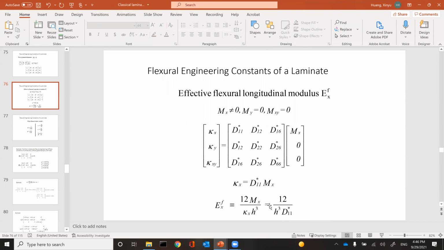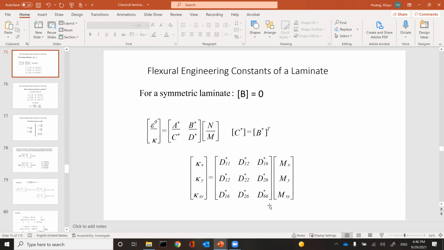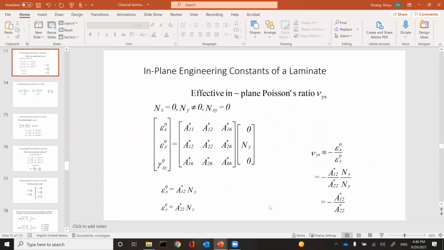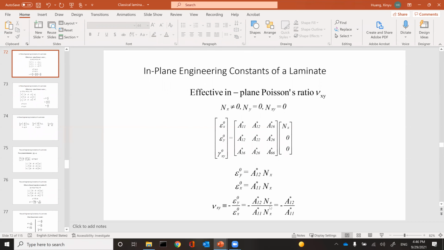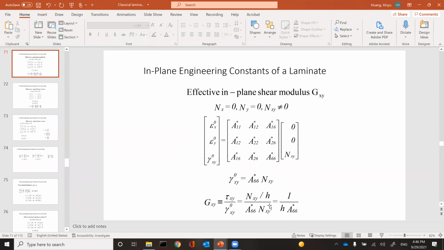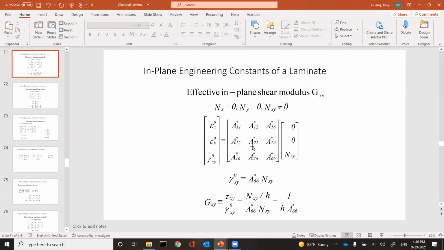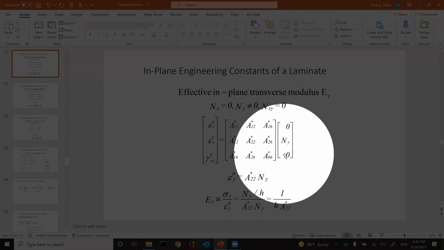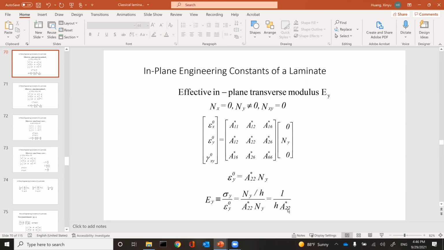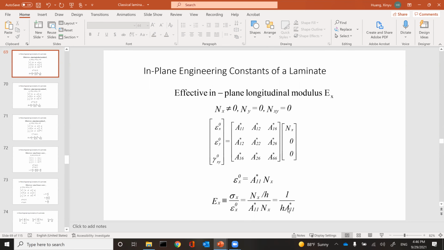So once you have the inverse of ABD, you have all these numbers. You just pick them out and then calculate like this. And you see all the G, XY depend on the A matrix. EY depends on A22 and H. EX depends on A11 and H, right?